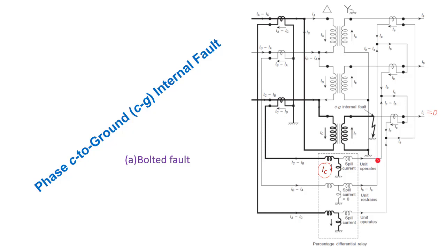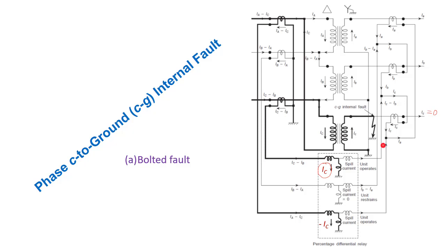IB will flow in fact, but small IC will be 0, therefore capital IC will flow, and similarly minus IC will flow.